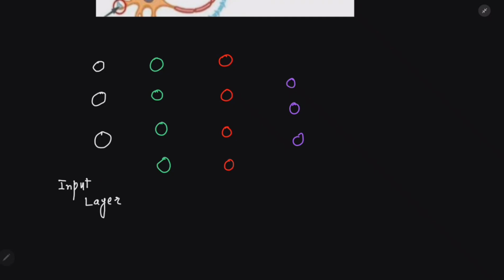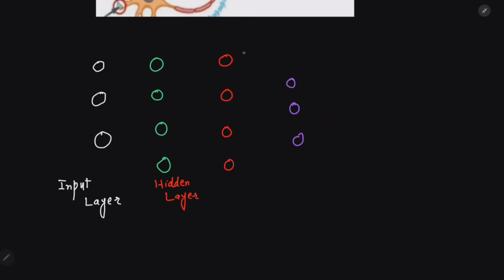You give your data to these neurons, and we call it features. We will see in future how this works. This is the hidden layer.